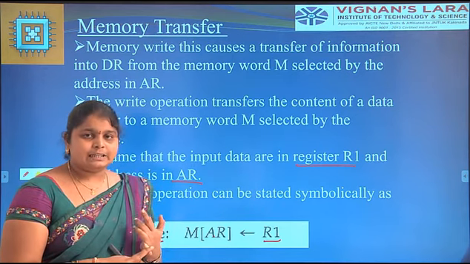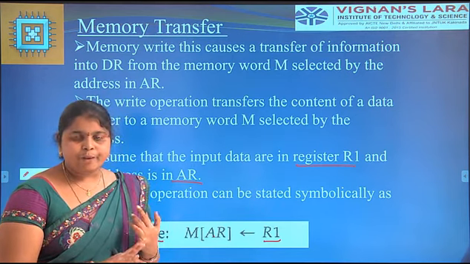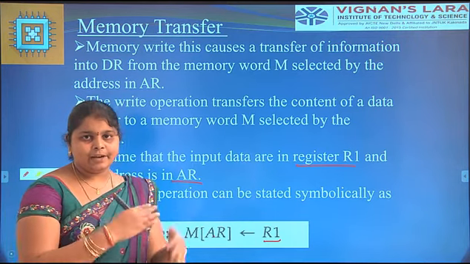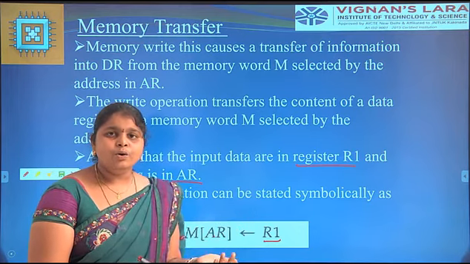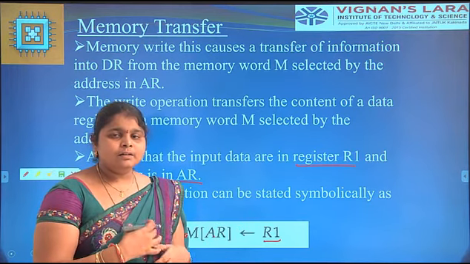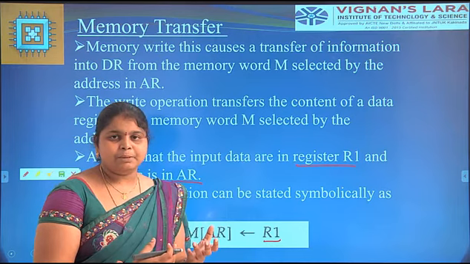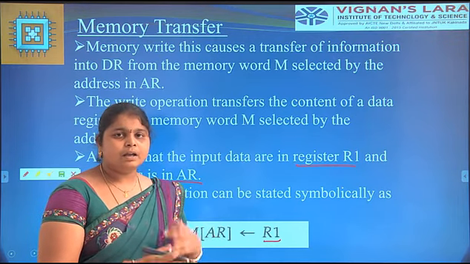Read operation means the memory word comes from the outside environment and can only be read. In write operation we store the information in the internal memory of the computer.